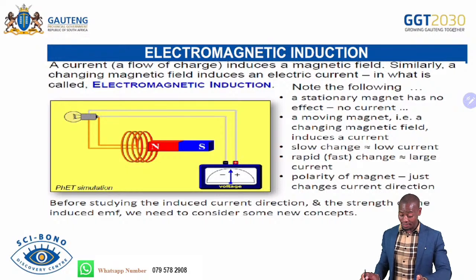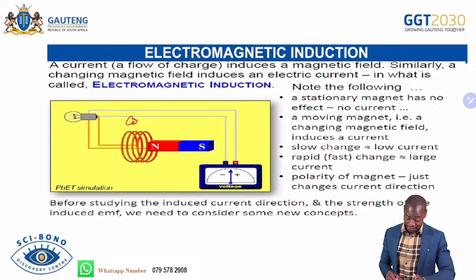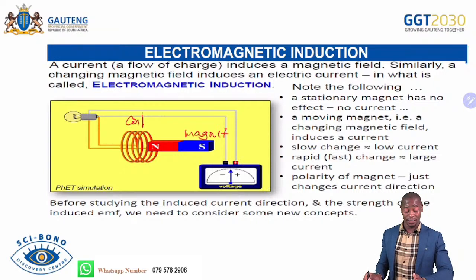So learners, let's look at this diagram, right? In this diagram, we have the bar magnet with its poles, the north pole and the south pole, and then we have a coil there. A magnet produces the magnetic field, right?